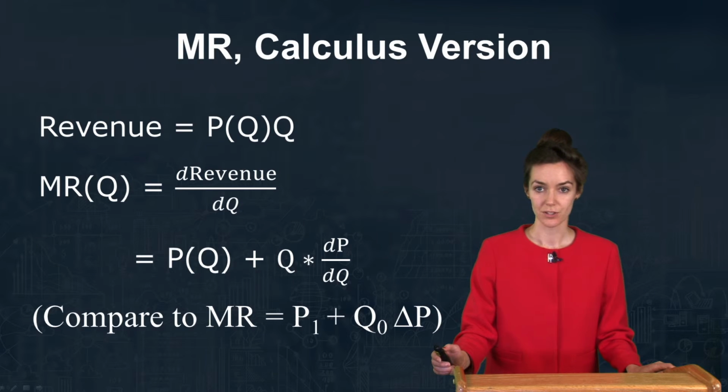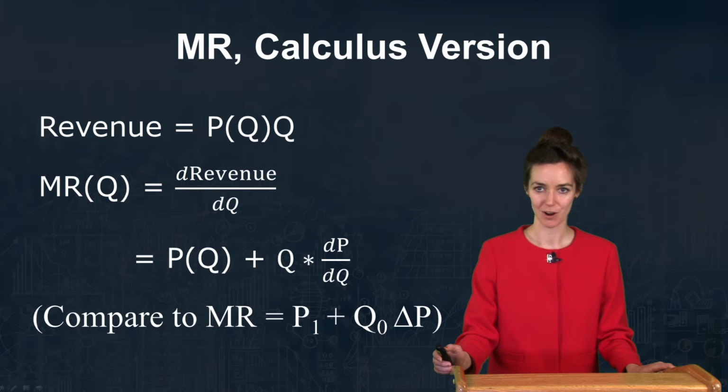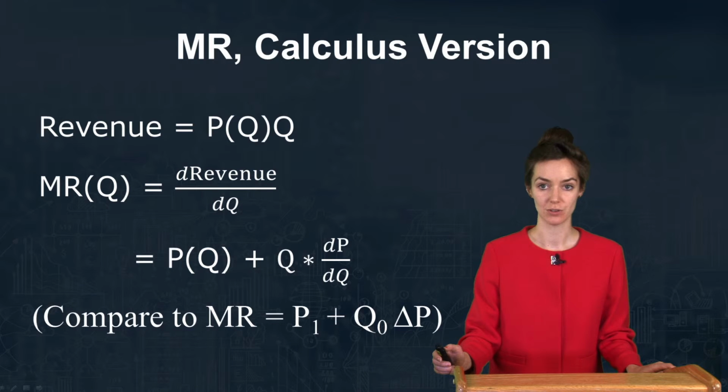So we can also go a little bit deeper with our calculus here. This isn't necessary, but I'll show you anyway. Using our product rule, we can take the derivative of price as a function of Q multiplied by Q. Remember, this is product rule here because we have 2 functions multiplied by each other.